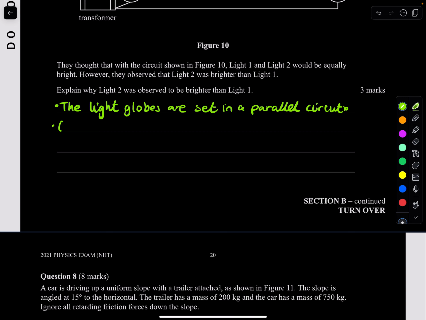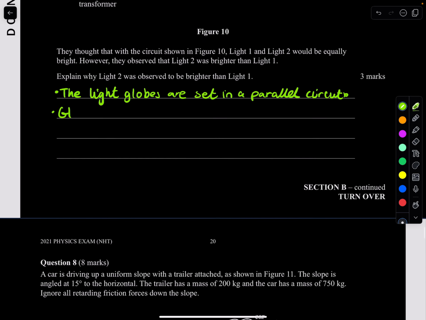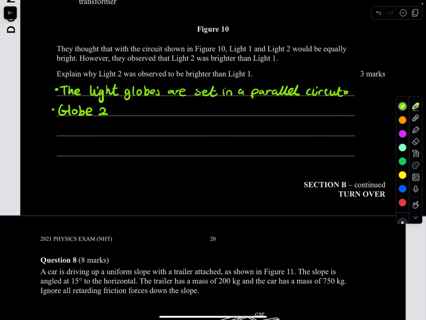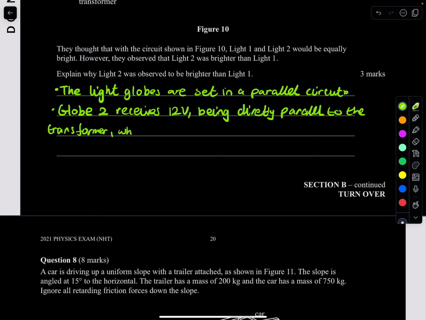So globe 2, or light 2, receives 12 volts, being directly parallel to the transformer, which is the required voltage for proper function.